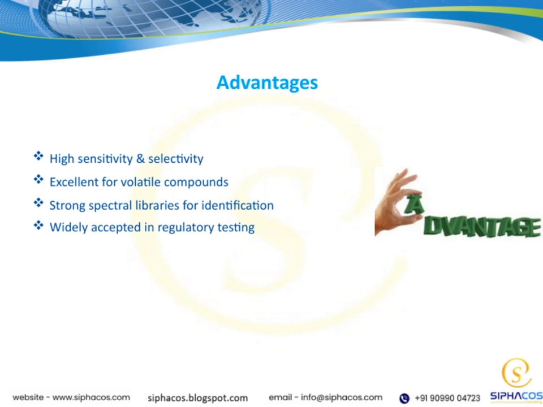That means it's trusted by authorities and organizations around the world, ensuring that our results meet strict standards and are compliant with regulations. Overall, these advantages make this method a powerful, reliable choice for many analytical applications, aligning perfectly with our goal of achieving precise and trustworthy results.